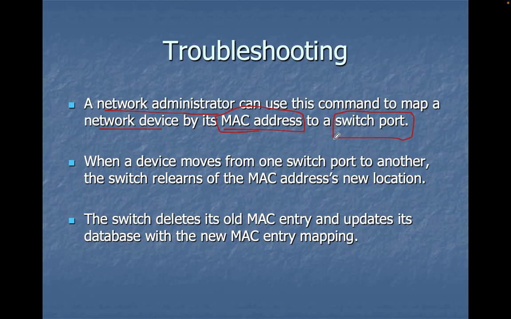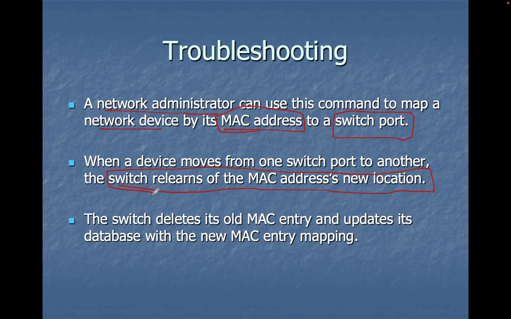Okay? Then when a device moves from one switch port to another, the switch relearns. When any device on the network moves from one switch port to another switch port, the switch relearns the MAC address of the new location. I think we mentioned this previously, not in this section, but in one of the previous sections.